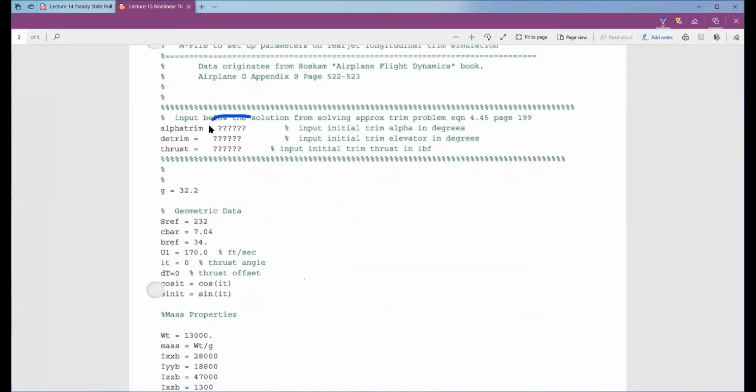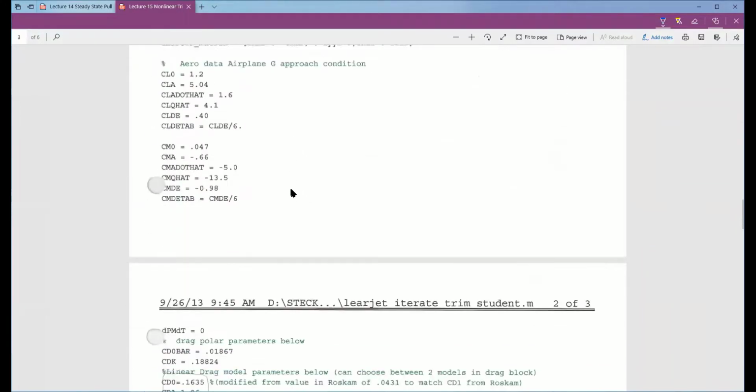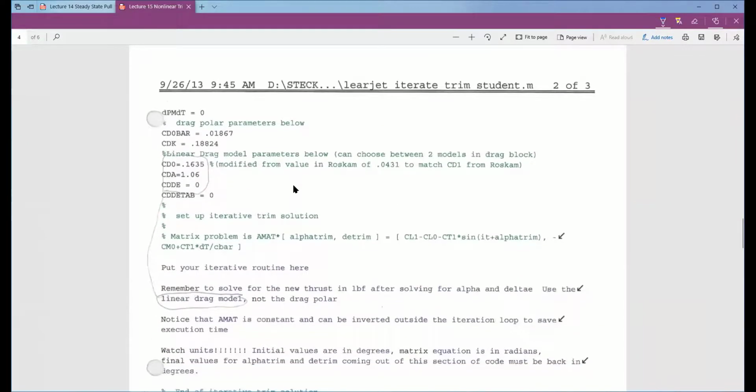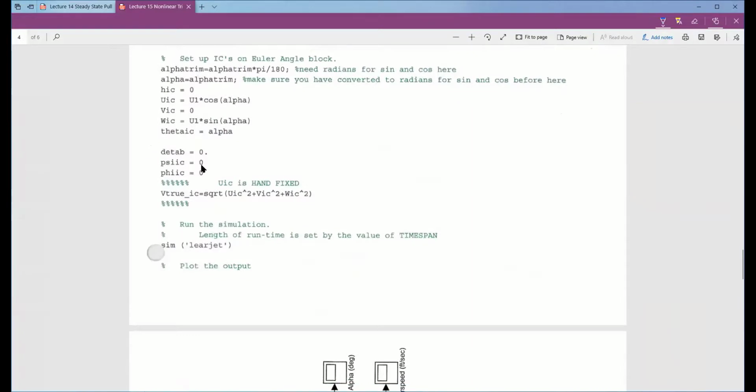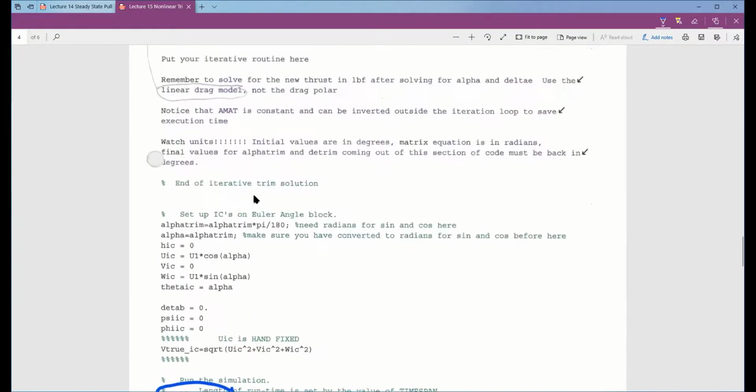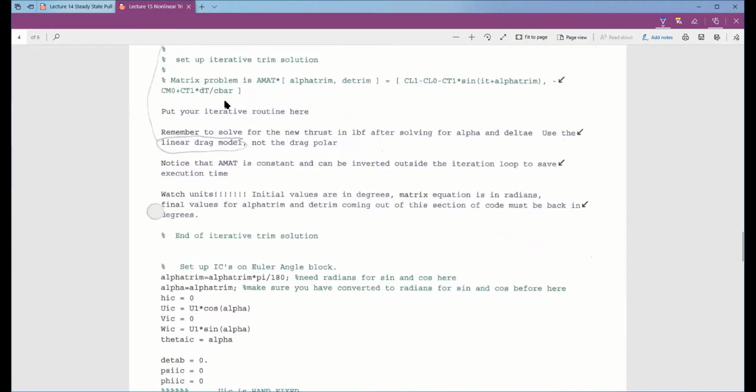Here's where you put your solution in, and then it calls the Simulink program that gave you the plots. It sets up the same parameters, sets up the same airplane. But right before we call the Simulink simulation, we're going to improve on that alpha, thrust and elevator, and that's going to go right here.